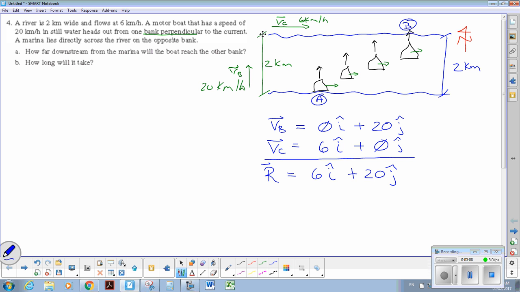So this is a bird's eye view. If we were flying over top of this boat, this is the direction we would see the boat going. So as a bird, I would see the boat going on an angle. If I am in the current with the boat, so let's say I'm floating in the water, here's me floating in the current, I'm also moving with the current.